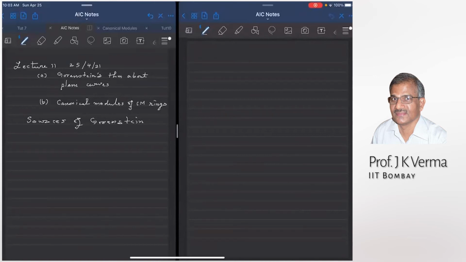Of course, the oldest reference is due to F.S. Macaulay, and he was investigating inverse polynomials.